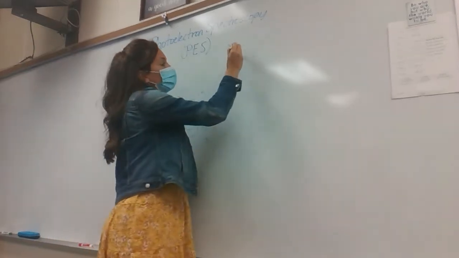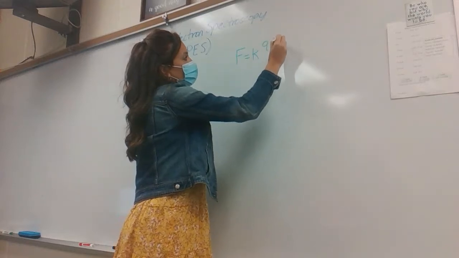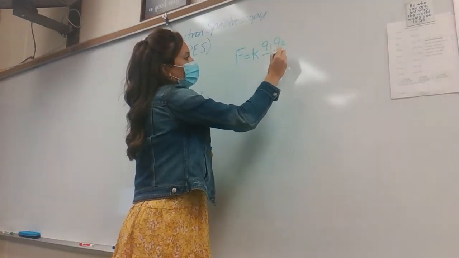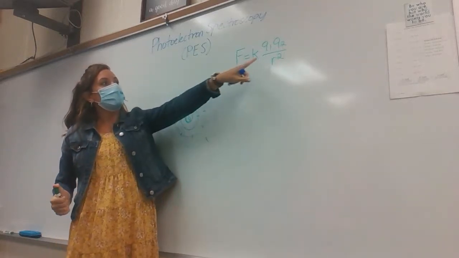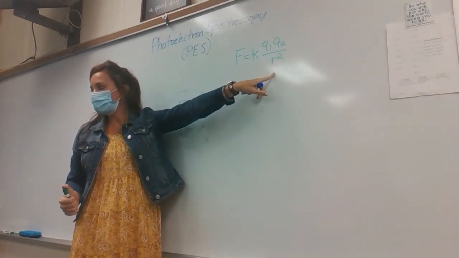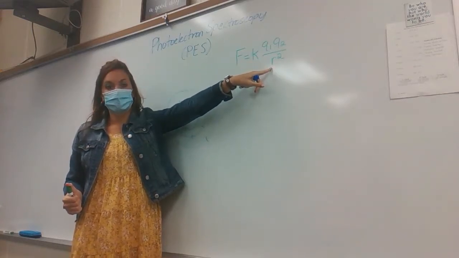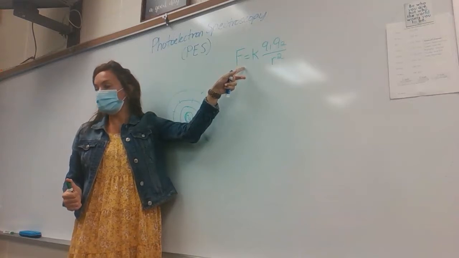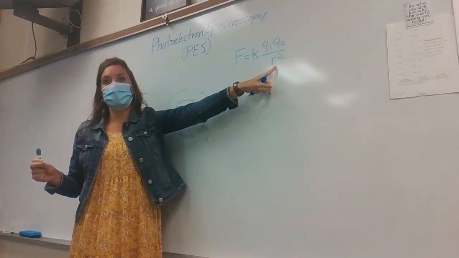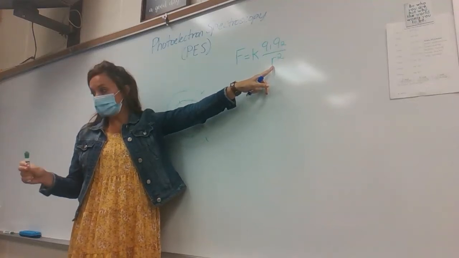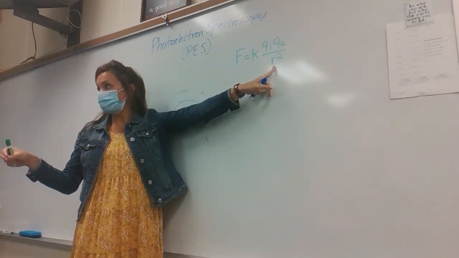And we know, based on Coulomb's Law, that electrons that are closer to the nucleus require more energy to remove. Because the Coulomb's force, the force of attraction, is greater when this distance is smaller. The smaller the distance, the greater the force, therefore more energy to remove it.